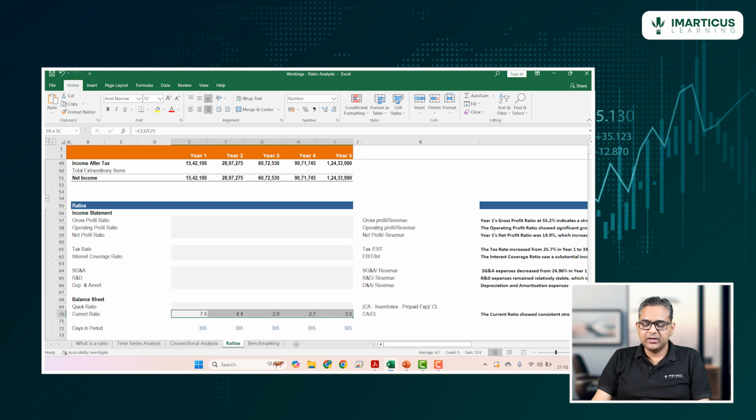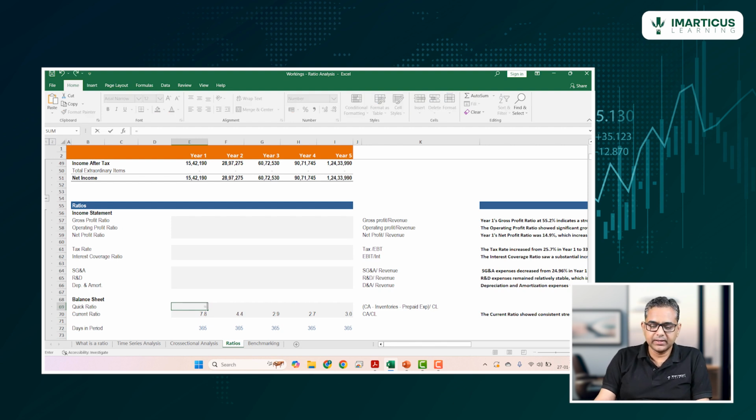On average, we have close to 4 times the current assets as compared to our current liabilities. So maybe the company is holding too much of current assets. Too much capital is stuck in current assets, maybe in the form of inventories or accounts receivable or other current assets, more than required. But we can make that comment only after comparison of this company versus other companies in a similar sector, right?